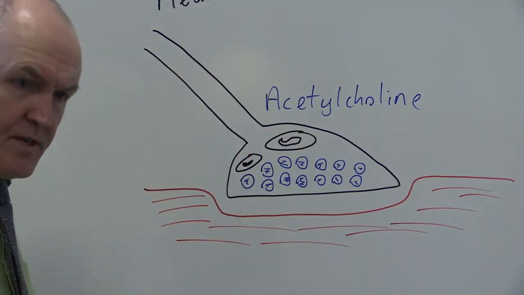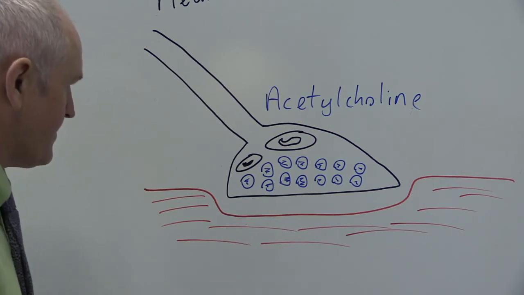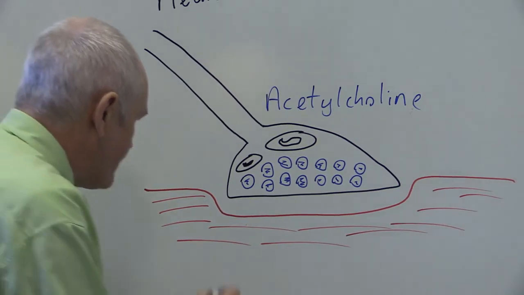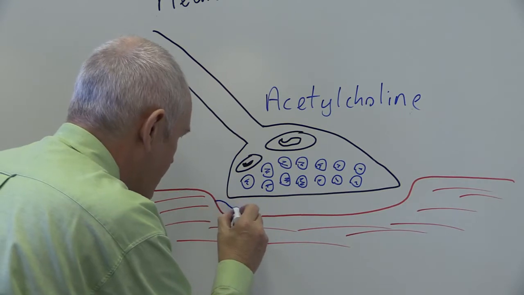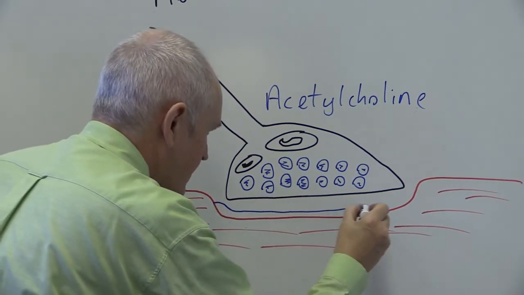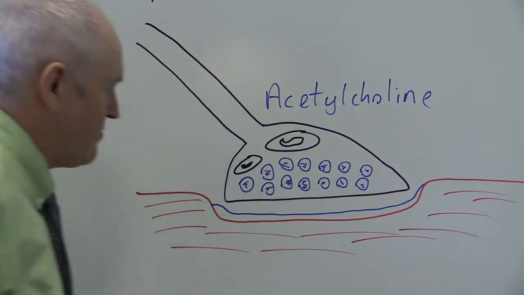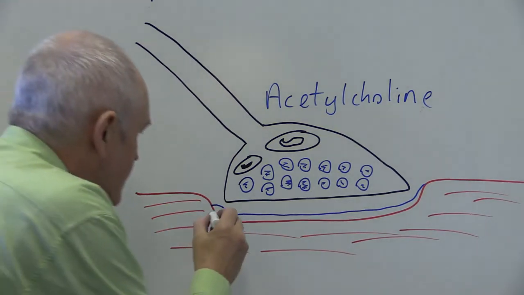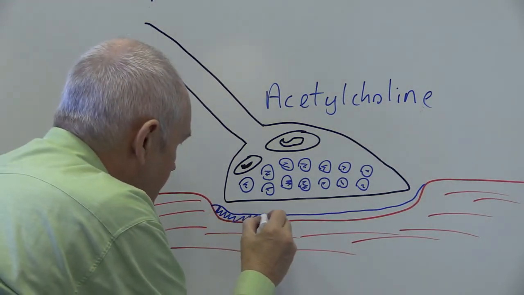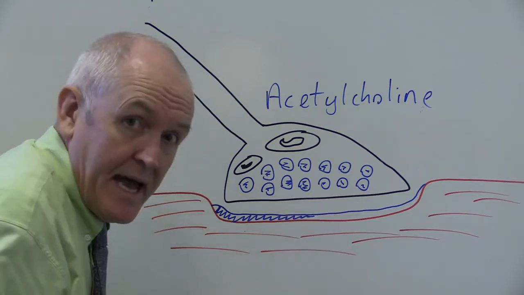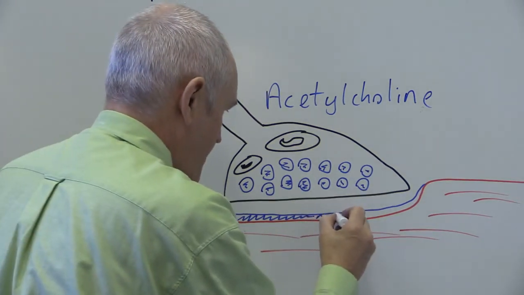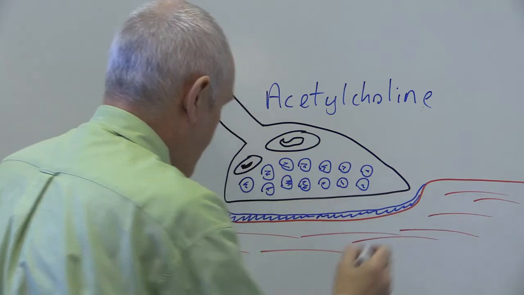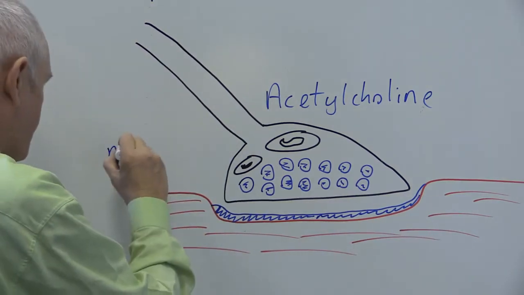But lying over the surface of the muscle, in the footprint area of the end part of the motor neuron, this area here is called the motor end plate. So that's the motor end plate.